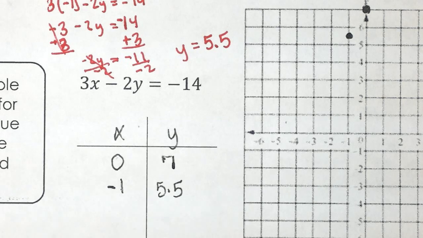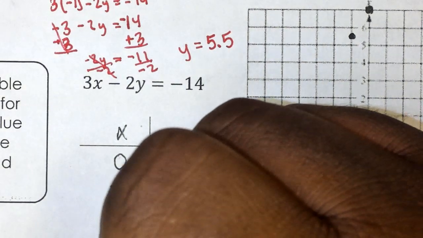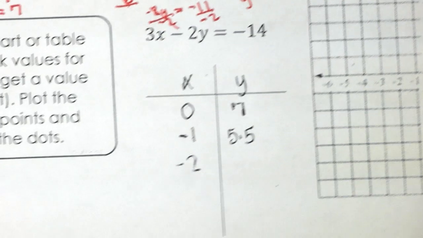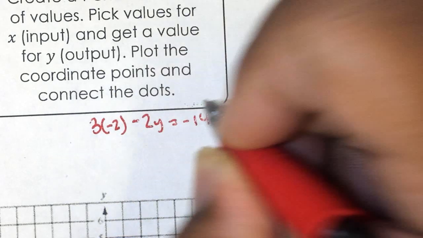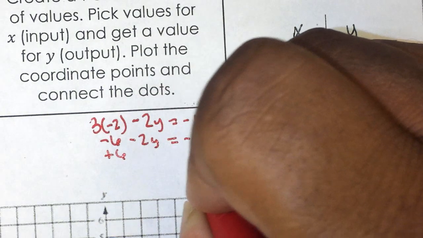So I'm going to do negative 2 next. I'll do that one down here. Negative 2, 3 times negative 2 minus 2y equals negative 14. Solve. Negative 6 minus 2y equals negative 14. Add 6, add 6. Cancels.